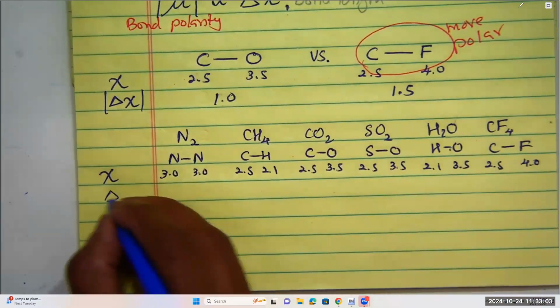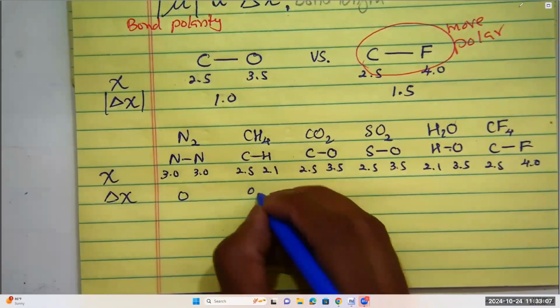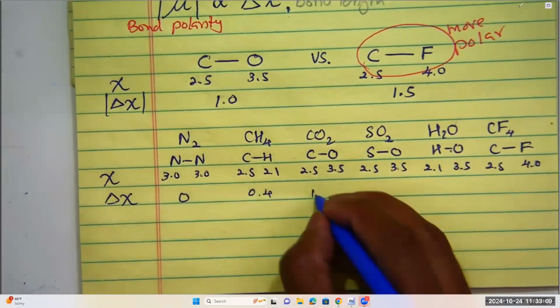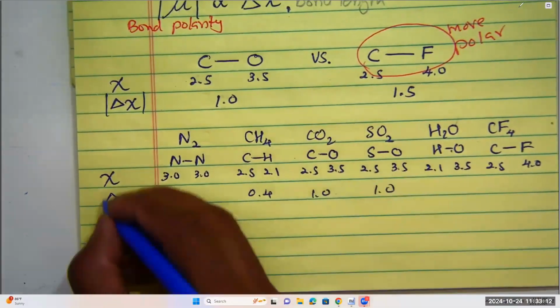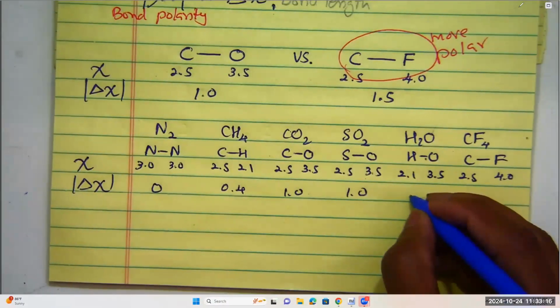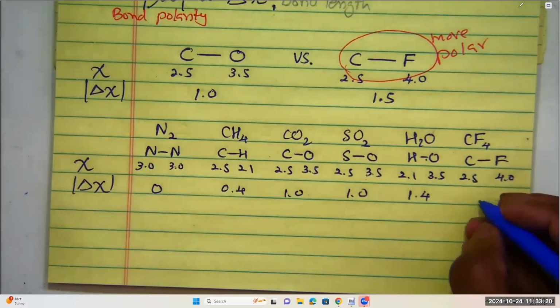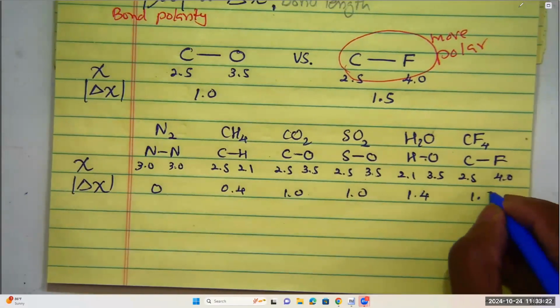Okay, and then the delta chi, or difference between them, for NN bonds is 0. This is 0.4. This is 1.0. This is 1.0. I only care about the absolute value here. Then HO it is 1.4, and for a CF bond it should be 1.5.